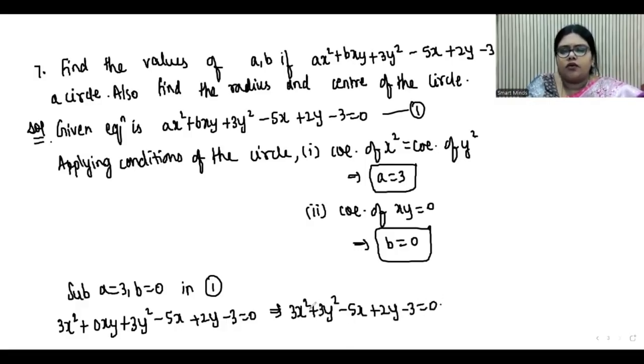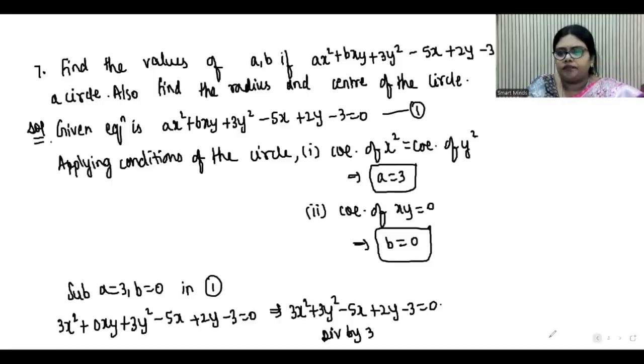Now you can see the coefficient of x² and y² is 3, so we divide by 3. If you divide by 3, you will get x² + y² - (5/3)x + (2/3)y - 1 = 0.